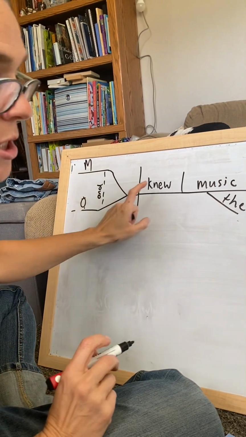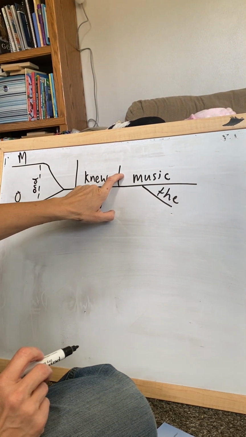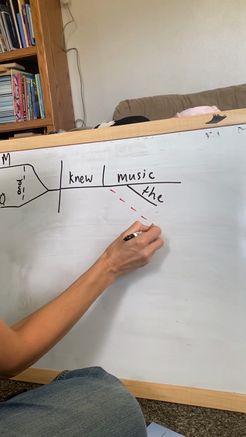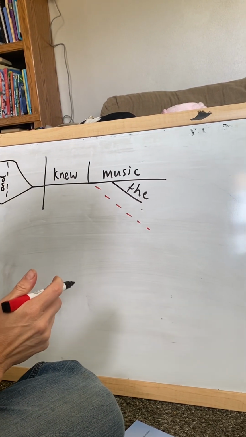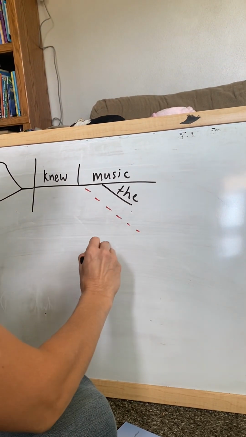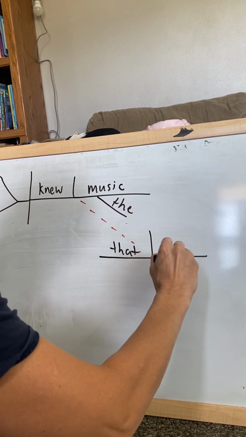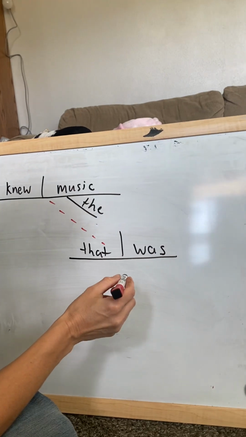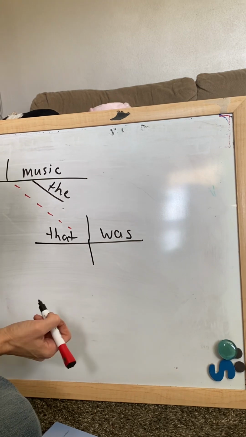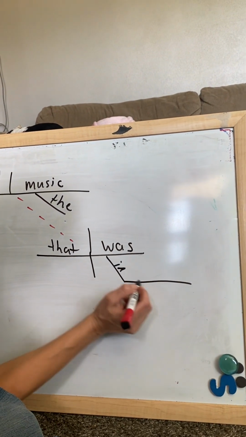Millie and Otis knew the music that was, so it's off of that music. Your line has to go all the way through. That was, and here's your prepositional phrase.